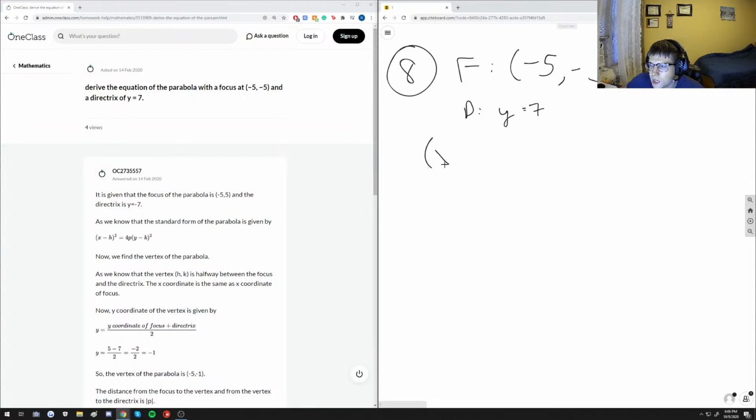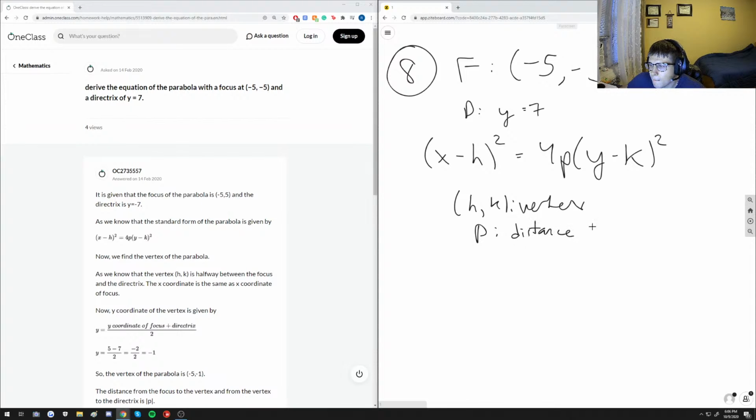Of course, the standard form of a parabola when we're dealing with a directrix and a focus is the following. Our h and k is our vertex, and our p is the distance from the vertex to the directrix.